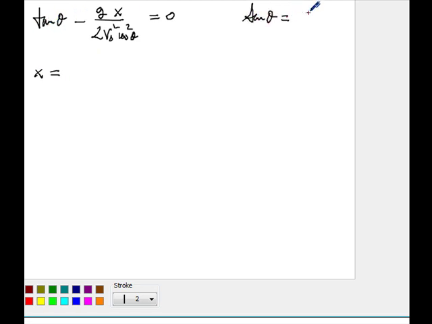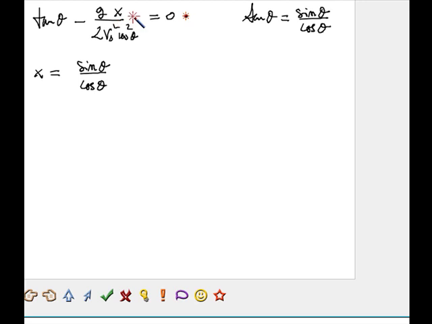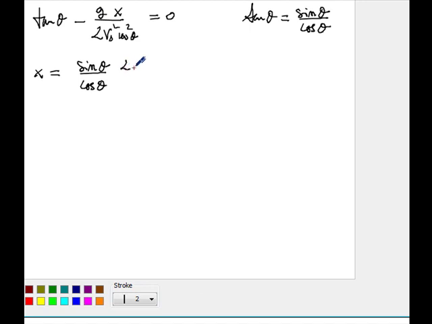And you might wonder, why do I put it back as sine over cosine when I converted it earlier as tangent? It's because I know what's coming ahead, and I know there will be a nice simplification. So we have sine theta divided by cosine theta, that's my tangent, and now I need to multiply my sine over cosine by this term, 2 v naught squared cosine squared theta divided by g, and that's my x.